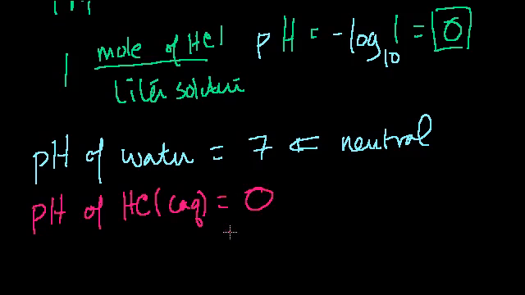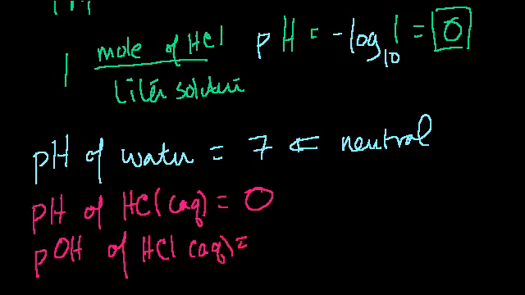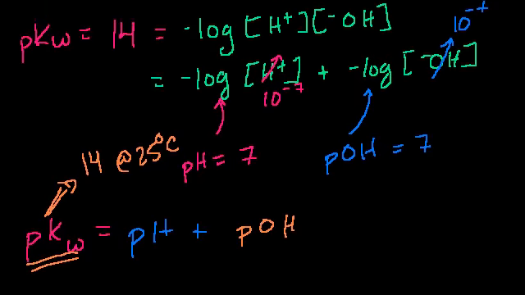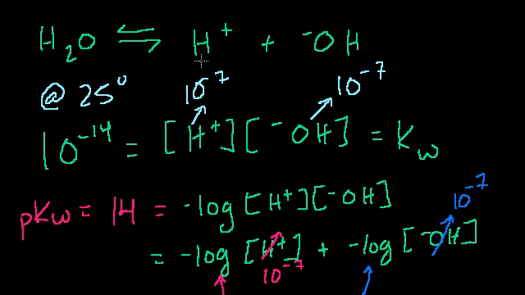So obviously, a low pH is more acidic, and we went over that in previous videos. And let's figure out what the pOH of hydrochloric acid in an aqueous solution is. Well, this all goes back to Le Chatelier's principle, right? If you go back to what we said before, this is just pure water right here.